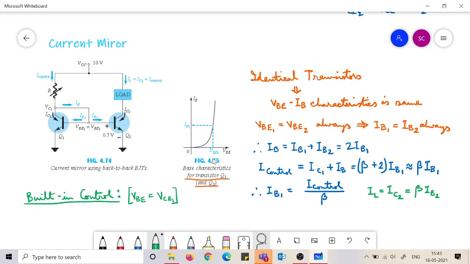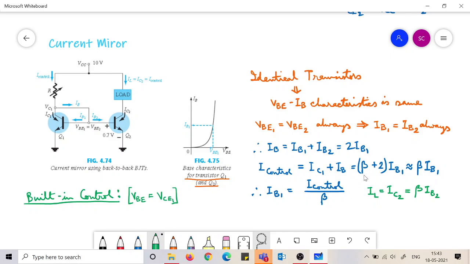Now notice that IL, the load current, is directly equal to IC2. There is no branching coming from here. It is directly equal to IC2, and IC2 is beta times IB2. Now IB1 and IB2 being same, the load current becomes same as the control current.